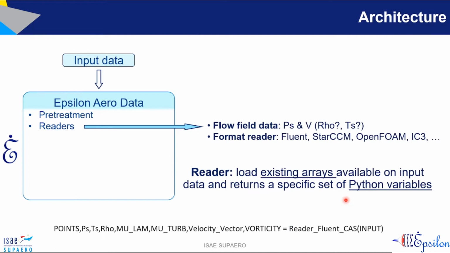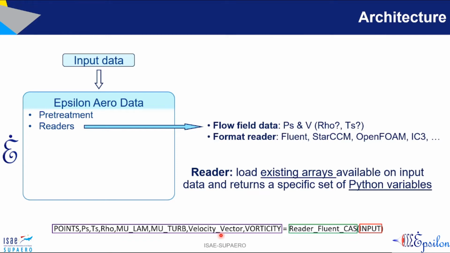If you open the Epsilon Aero Data Python file, you will find a lot of lines like this, where you have a reader class that reads the input data, that is your CFD data that you just loaded into ParaView, and it delivers a series of Python variables that contain the coordinates, the static pressure, temperature, and so on.